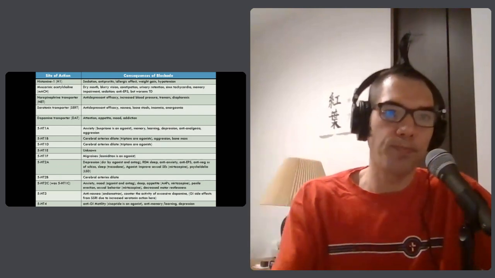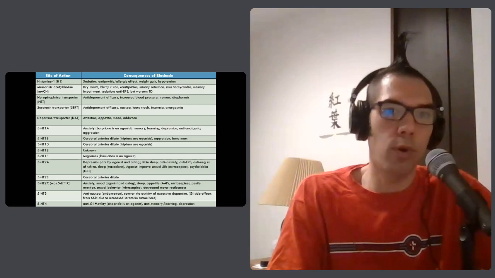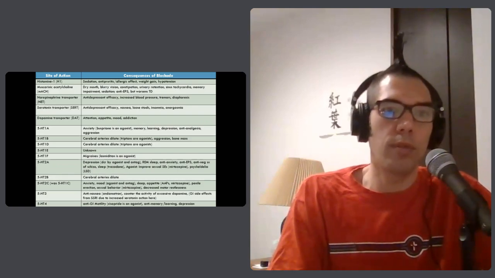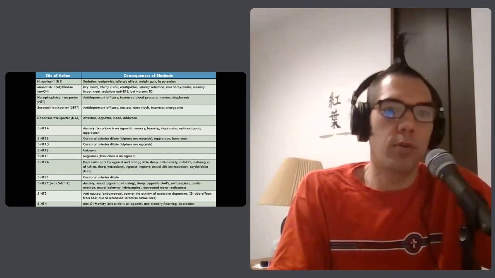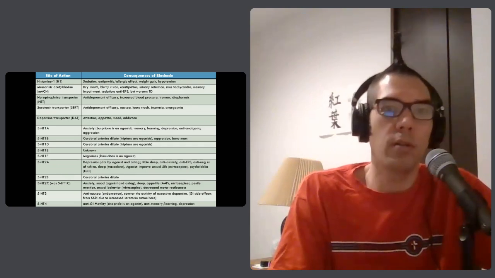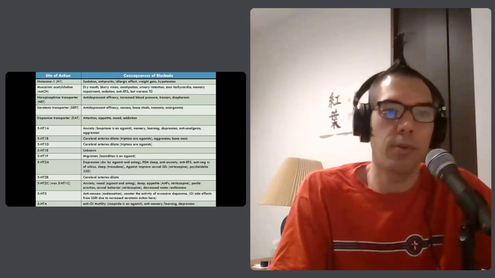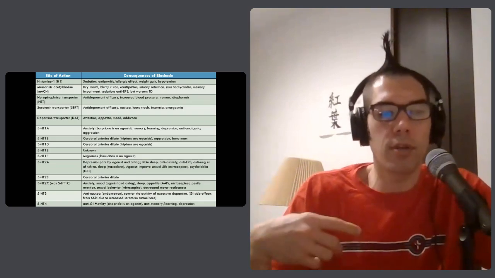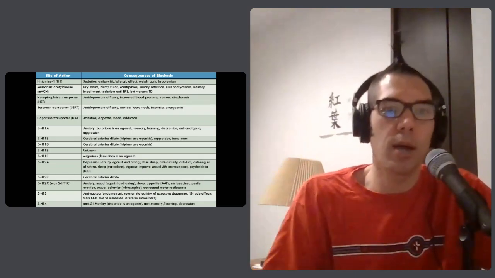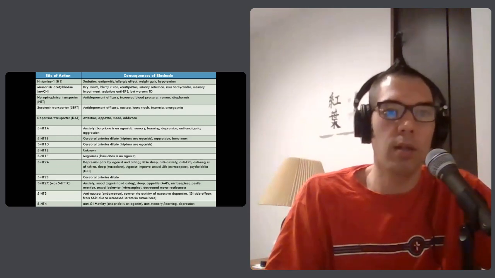Next receptor is the serotonin transporter, the SERT. This is where the SSRIs and the TCAs, and the SNRIs and many different medications work, blocking the reuptake of serotonin. We talked about that a couple lectures ago as well.